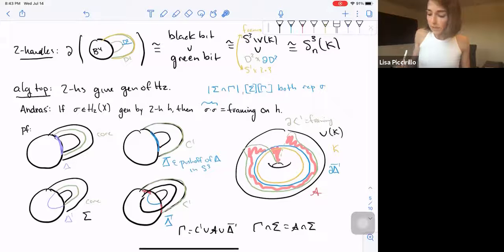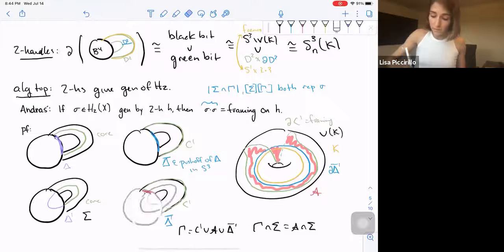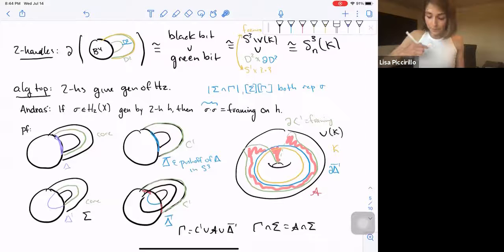So the only places sigma and gamma can intersect is in the tubular neighborhood of the knot. And now in the tubular neighborhood of the knot, we know exactly what gamma looks like. It looks like our annulus A. And we also know exactly what sigma looks like. Sigma runs through this S3 transversely.